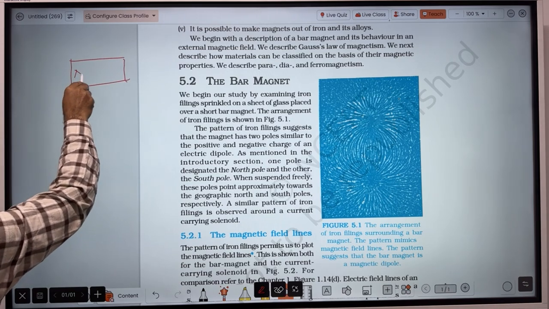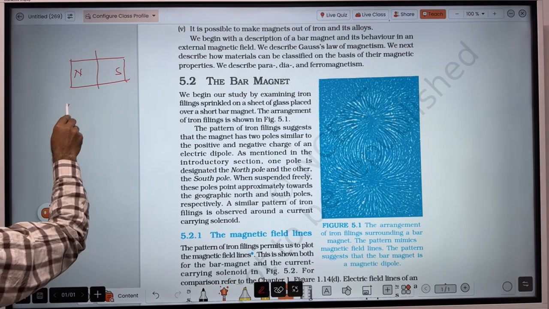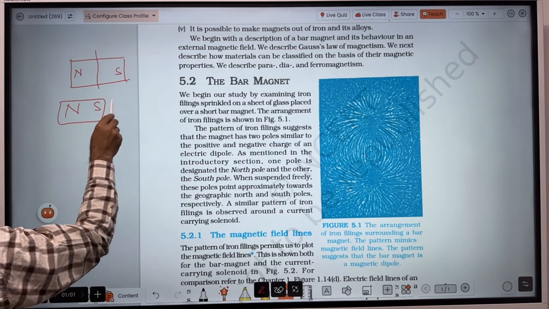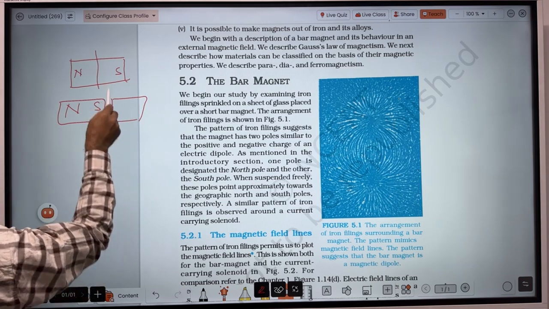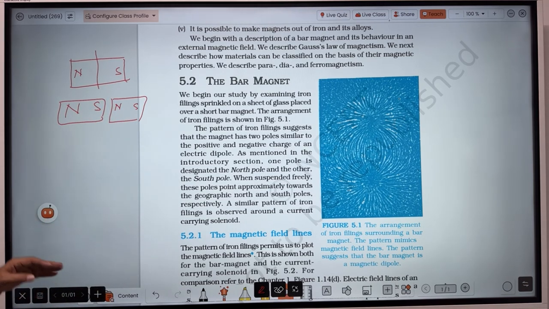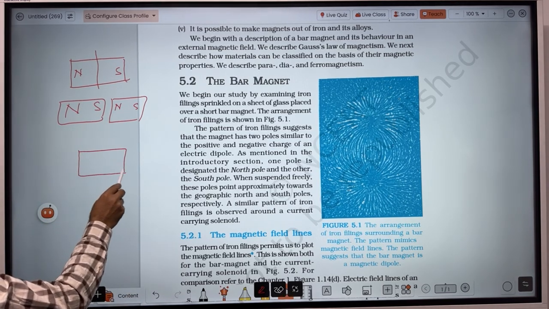Suppose this is the north pole, this is the south pole, and you cut it from here. So you will get one magnet here and another magnet here. The same thing, this will become N and S. If you cut further, you will again get another tiny magnet, although the strength will decrease every time.